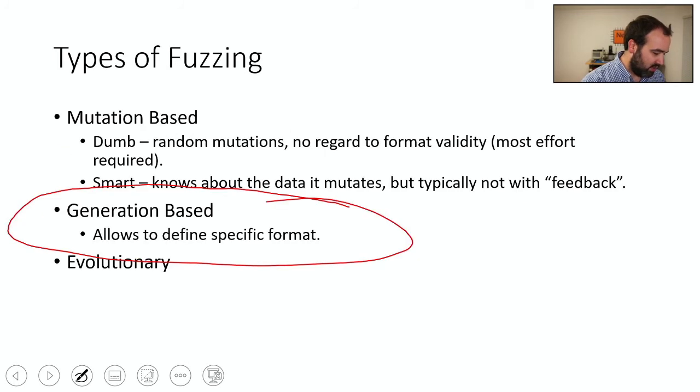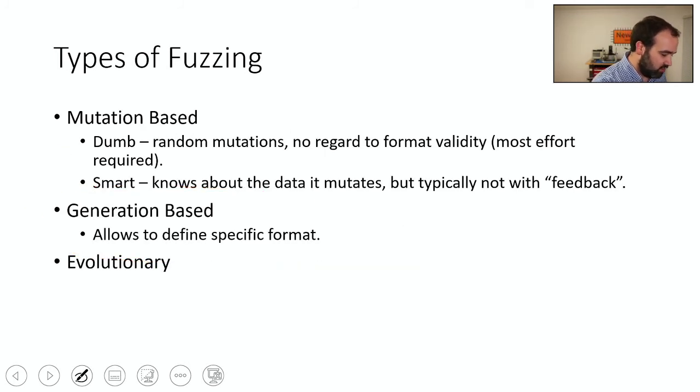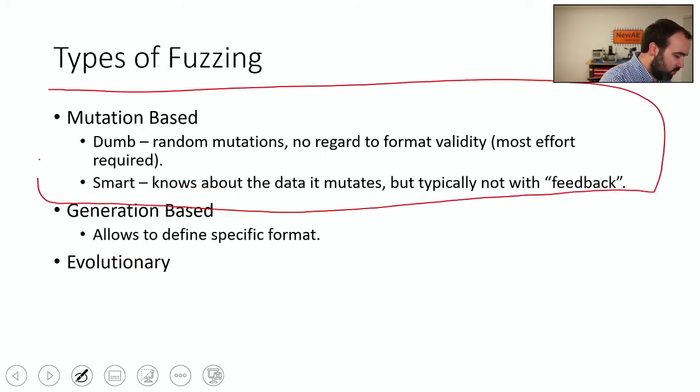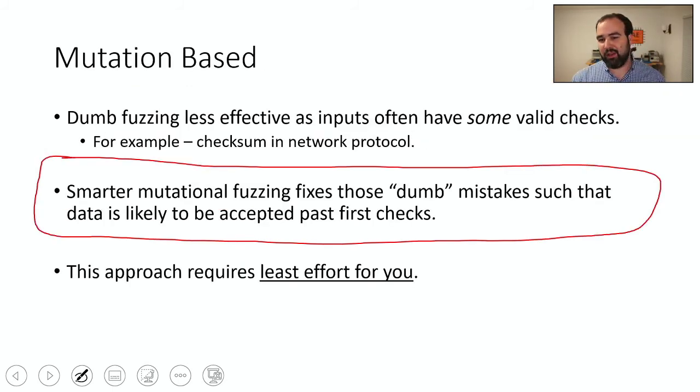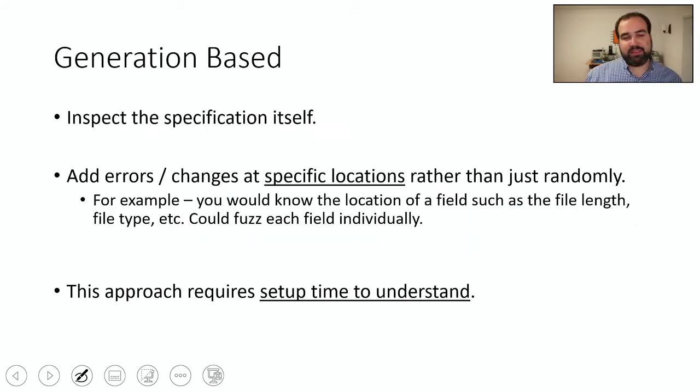So that's how we had two types, smart and dumb mutation. Smart means that we're not paying a lot of attention to what we're inserting, but it's somewhat valid. If we're fuzzing a phone number field, maybe we make sure it's the right number of characters. If we were fuzzing a network protocol that has a CRC or a checksum, we make sure that checksum, for at least some of the fuzzing, is actually valid, so it goes to that next level of processing. This is the least effort though.